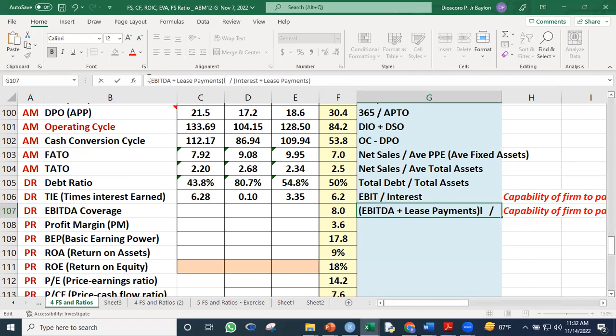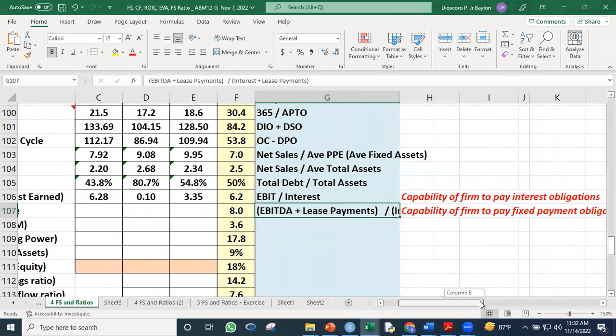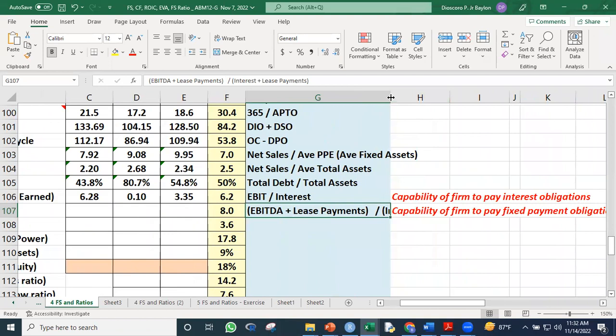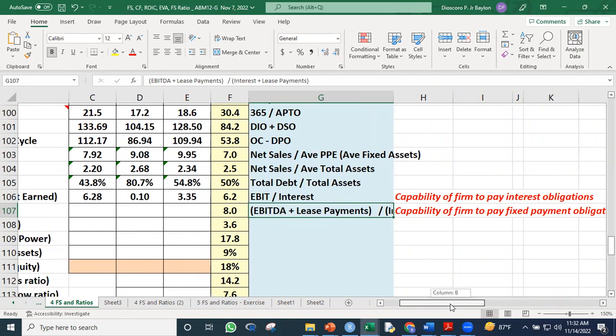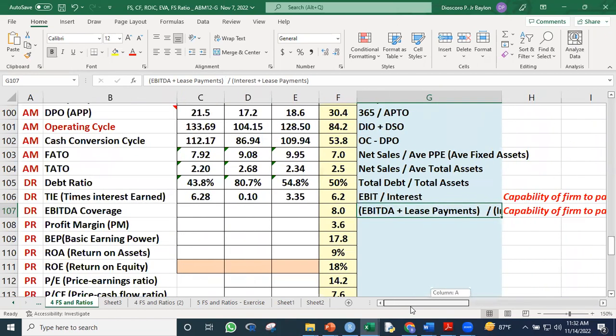So, we have to add it back para malaman natin kung ilan yung kaya talaga ng firm na bayaran. No? So, we will have to add back kasi sa EBITDA, natanggal na yung lease payments. Eh di ba gagamitin natin yung amount na yan para bayaran yung lease payments. So dapat i-add back natin yan para malaman natin kung gaano ba talaga yung amount na available para mabayaran si interest at saka si lease payments.